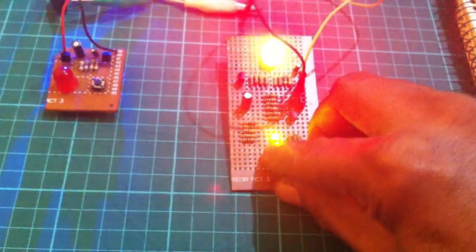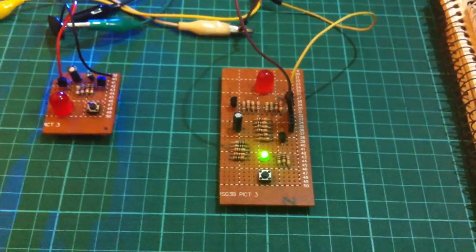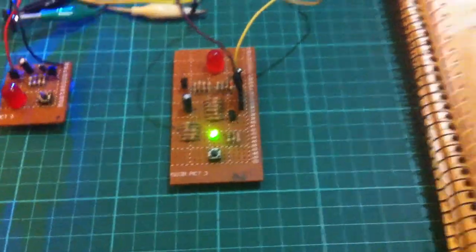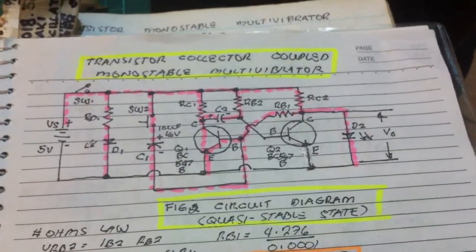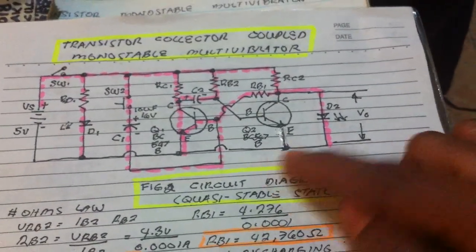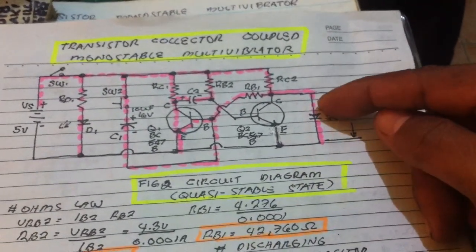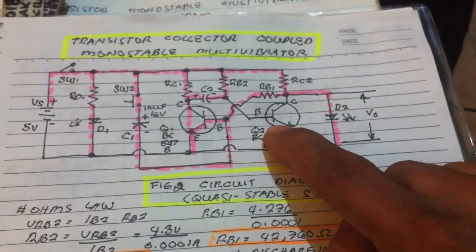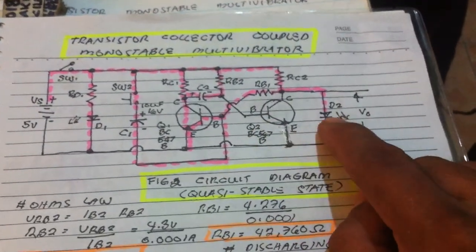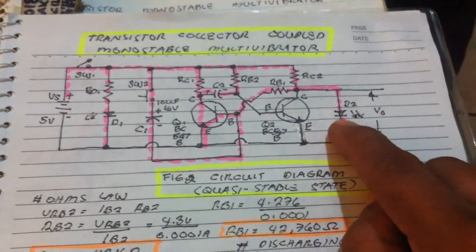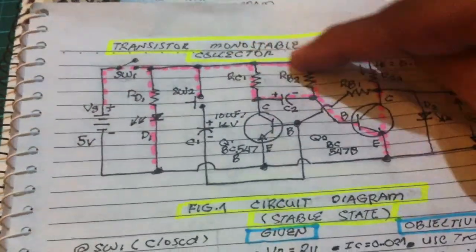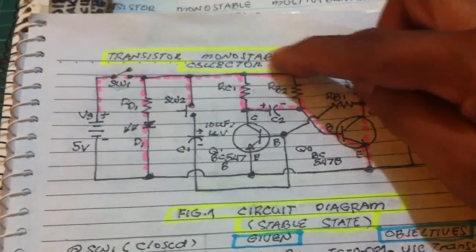So it requires 2.96 seconds, almost 3 seconds, to fully discharge this capacitor. That is this state, the quasi-stable state. Now the LED is slowly turning off. If this transistor is operating in saturation mode, the LED will start to turn off and go back to the charging state of the capacitor.